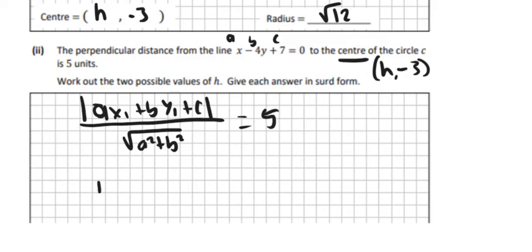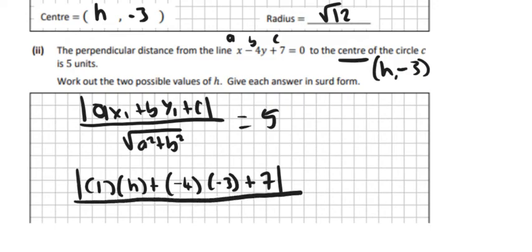So a is 1, x1 is h, plus b is minus 4, y1 is minus 3, plus c is 7. Stick in our absolute value signs, all over the square root of a squared plus b squared, so it's going to be 1 squared plus minus 4 squared, and all that will equal 5.